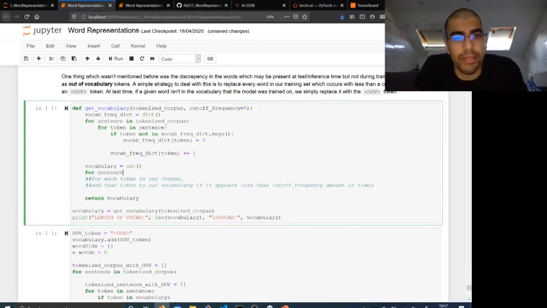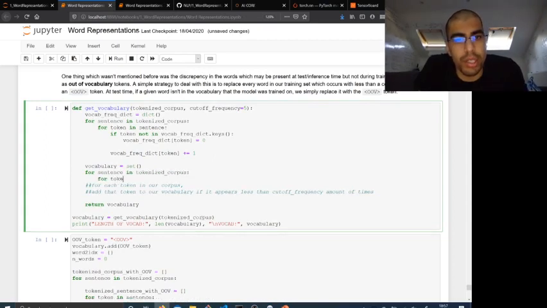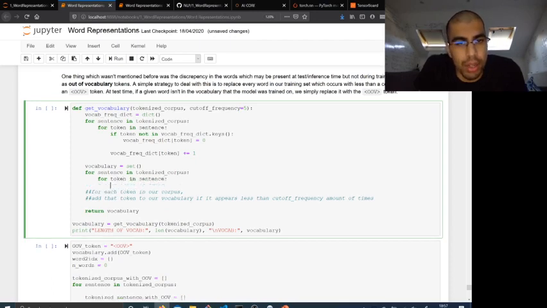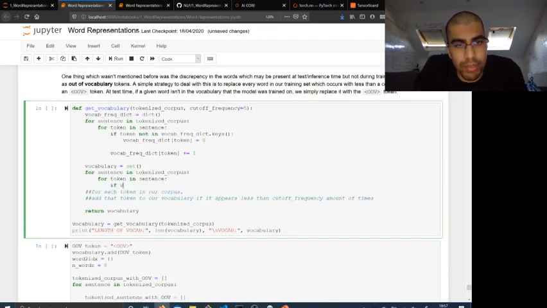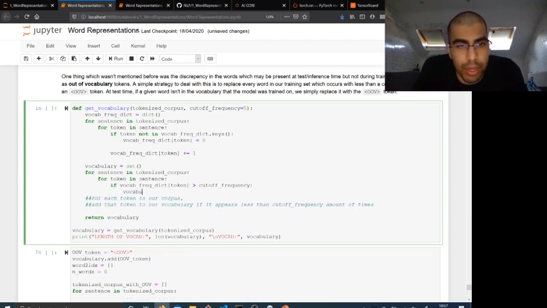Okay, so for every sentence in our tokenized corpus, for every token in our sentence, if the frequency of this token is greater than the cutoff frequency, so greater than 5, so if we've seen this word more than 5 times in our corpus, then we're going to add it to our vocabulary.